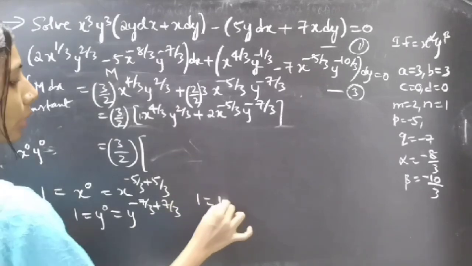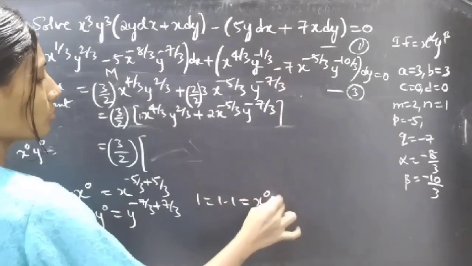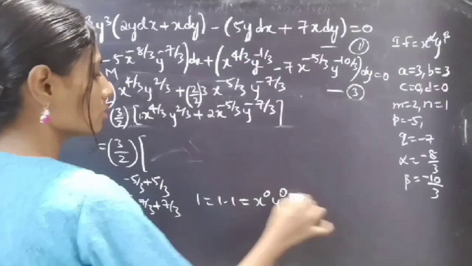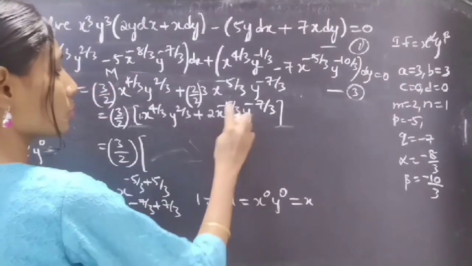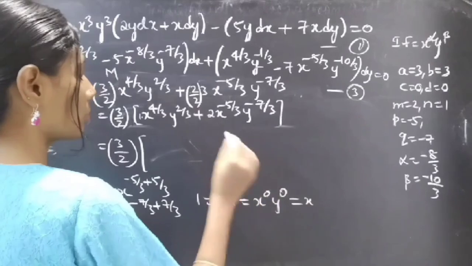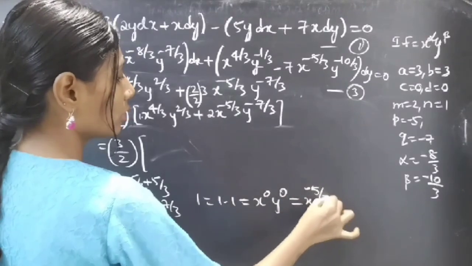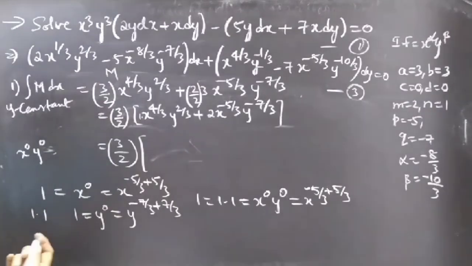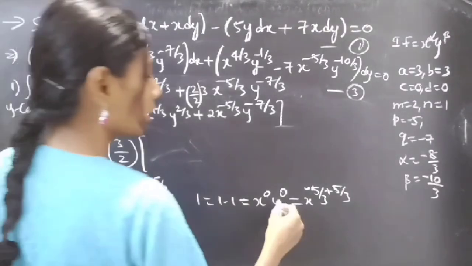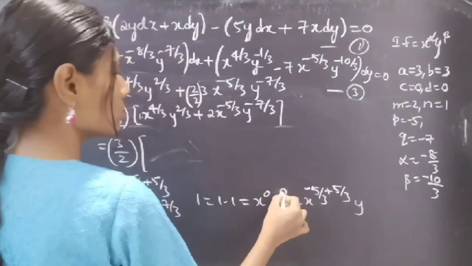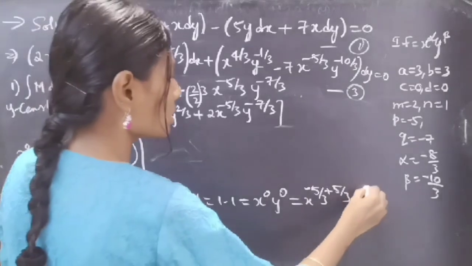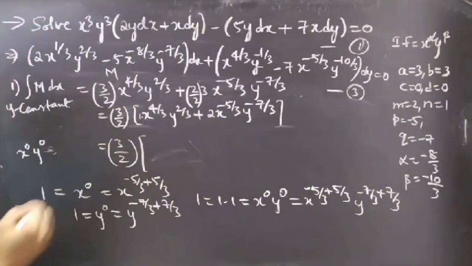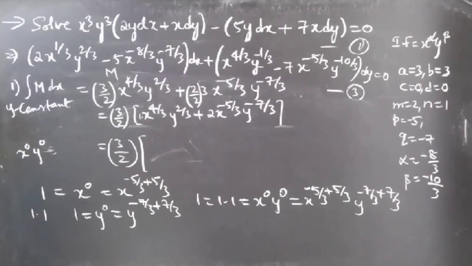Okay, since 1 equal to 1 into 1, x power 0 into y power 0, the 0 can be written as, since we need x power minus 5 by 3, we'll write it as minus 5 by 3 plus 5 by 3, and y to the power, the 0 can be written as minus 7 by 3 plus 7 by 3, since you need y power minus 7 by 3.